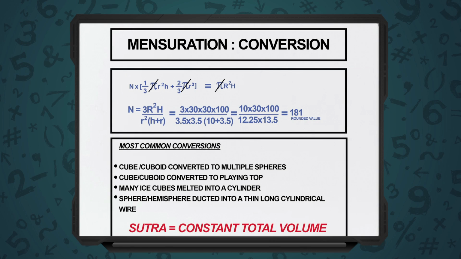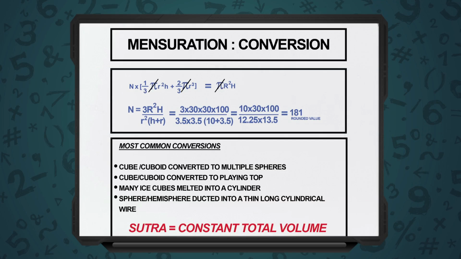If the total number of ice cream servings are n, you are going to have n into a large bracket 1 upon 3 pi r square h, all small, plus 2 upon 3 pi r cube. This entire thing put together is equal to the large pi R square H.